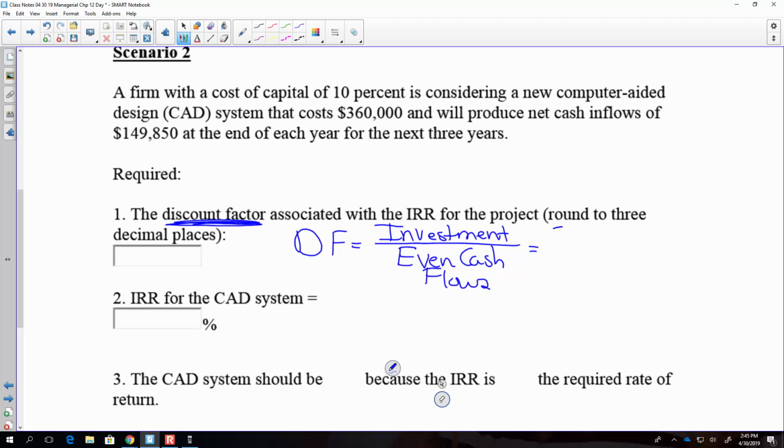So our $360,000 investment of this CAD system, we're expecting a $149,850 cash flow, net cash flow, right? So revenue minus expenses. My DF is how much? It's got to be 2 something.